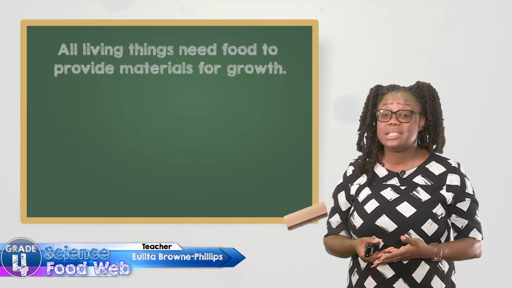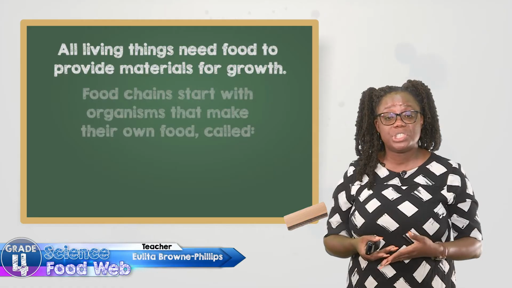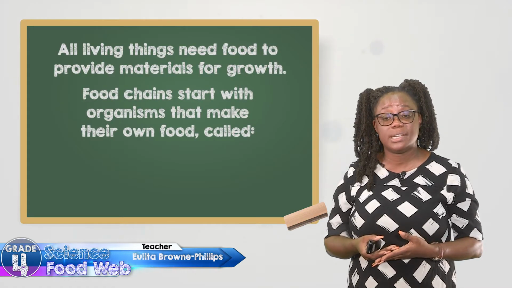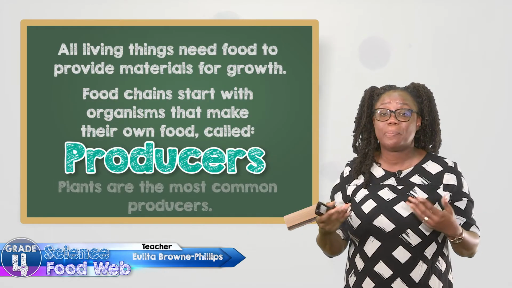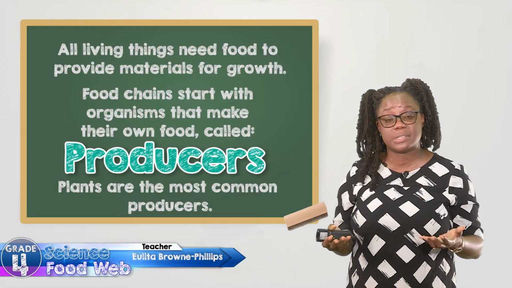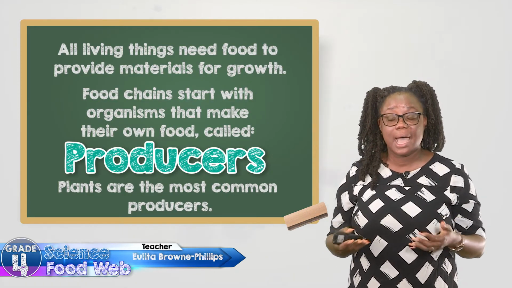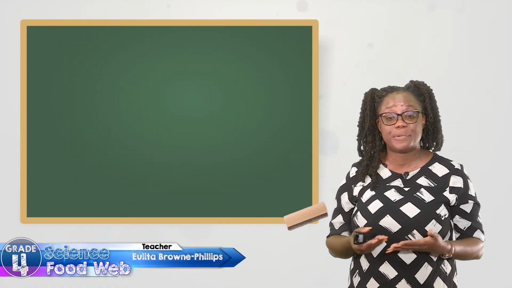All living things need food to provide materials for growth. Food chains start with organisms that make their own food called producers, and plants are the most common producers. Hence, a food chain always starts with a green plant.